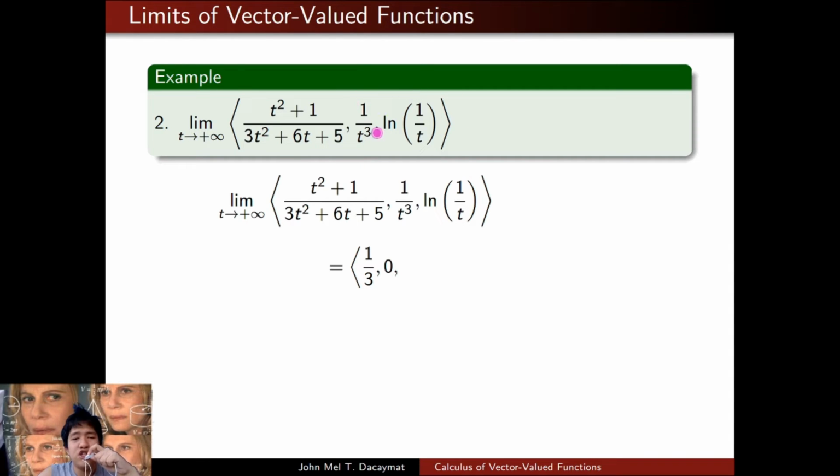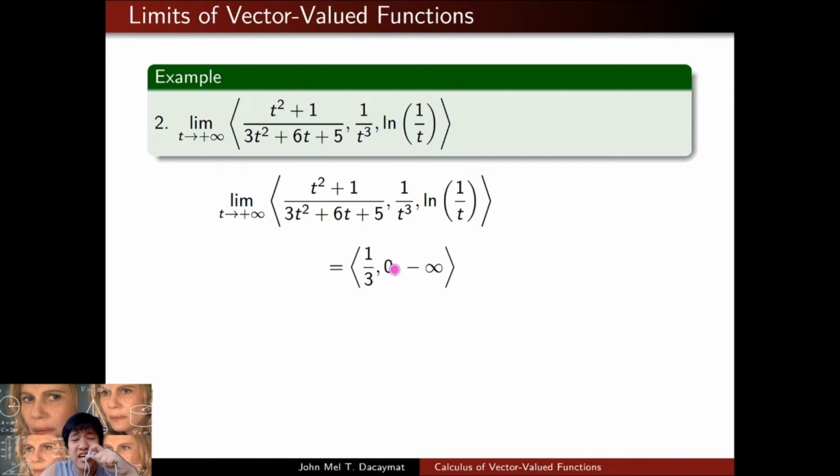Now look at your third component. If I make t go to infinity, the inside of the ln, the 1 over t, will go to 0, in particular to 0 from the positive side. The ln of 0 plus, if you recall, is negative infinity. So what can we say?